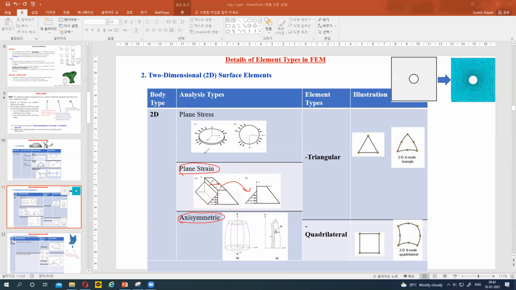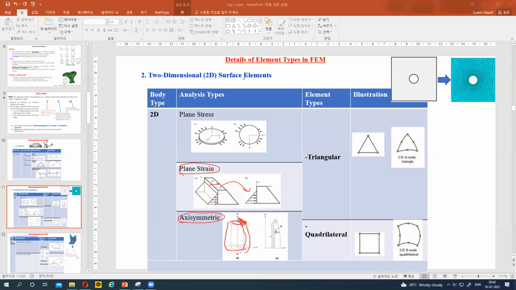So what is axisymmetric? Let's consider a cylindrical body, like this one. Suppose it is rotating and the load is applied like this one. So the load is applied only in this plane.